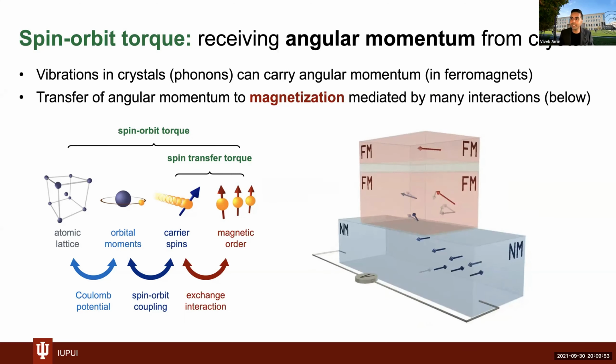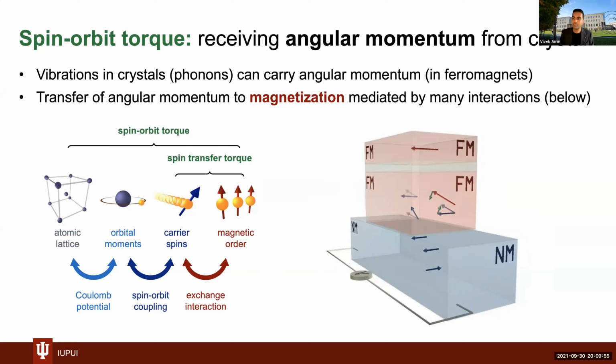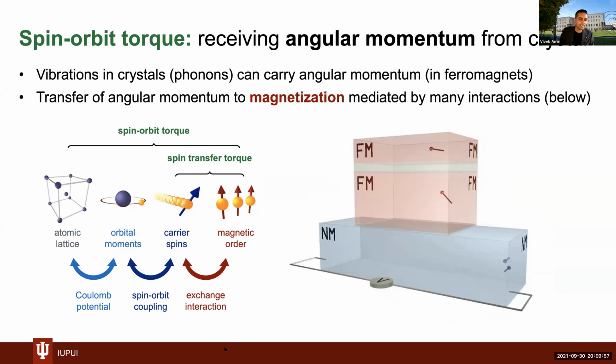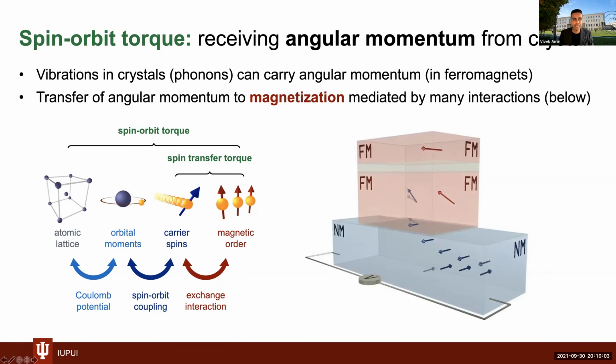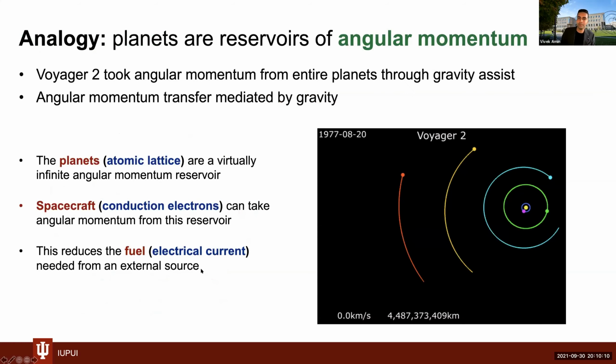So why do we care about this? Why do we want to do this? Well, the promise of spin-orbit torque is that this atomic lattice is essentially an infinite reservoir of angular momentum. To understand that, we can think about an analogy with planets and space travel. What I'm showing in this animation is the flight plan of Voyager 2 as it left Earth some 50 years ago and as it was exiting the solar system.